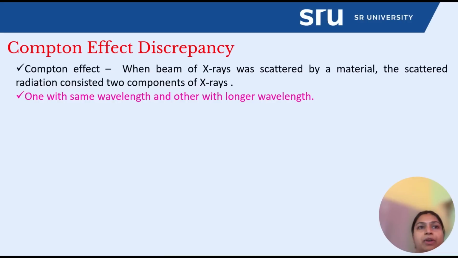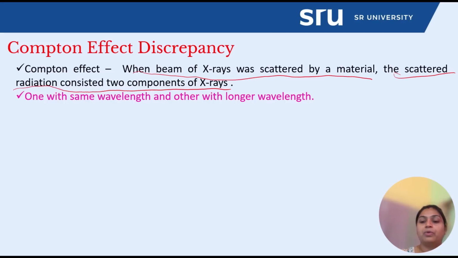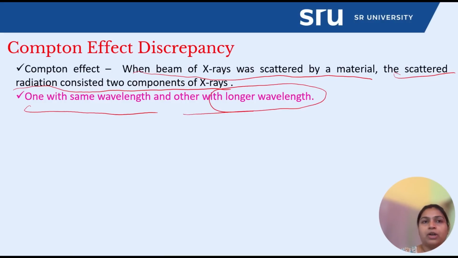So what is the Compton effect? Basically, the Compton effect is a phenomenon that further confirms the particle nature of light and solidifies the foundation of quantum physics. The Compton effect is when a beam of X-rays is scattered by a material. The scattered radiation has two components of X-rays, one with the same wavelength and another with a longer wavelength.